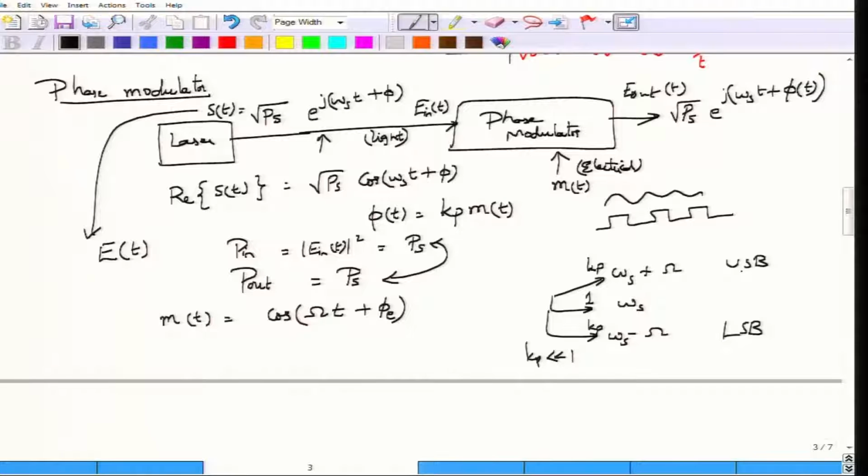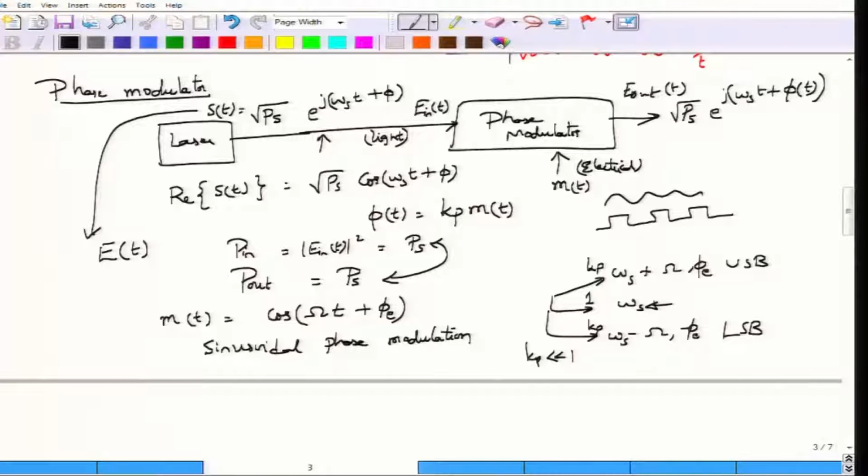The upper sideband will also have a phase phi e, while the lower sideband will have a phase of minus phi e relative to the signal phase at omega s. This is the simplest case of sinusoidal phase modulation, something that we do not really look at for now, for a few more modules.